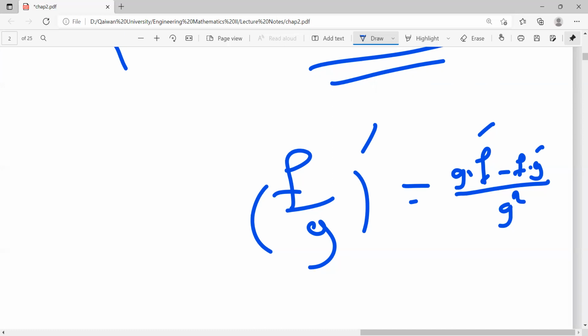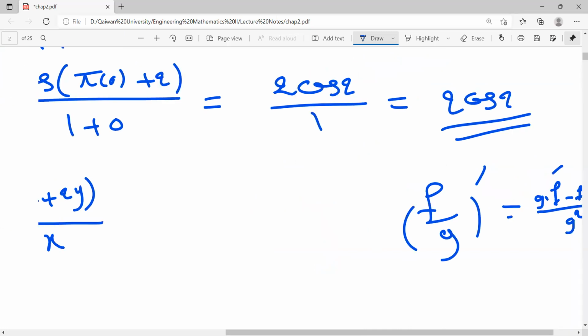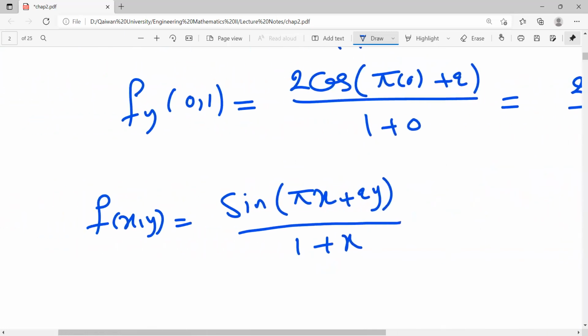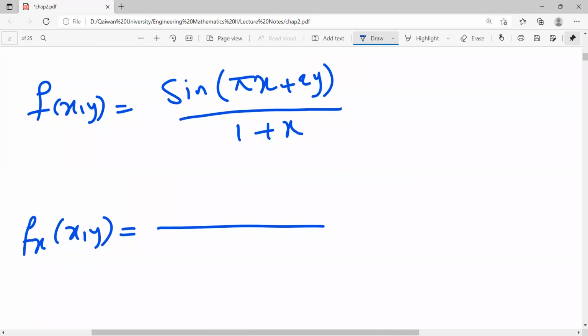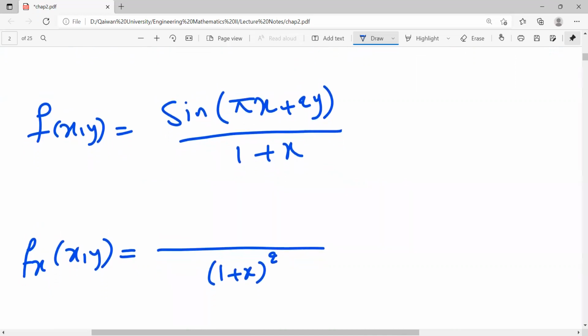Okay, so let's apply this rule to the given function. We say f sub x of x, y equals, you see, we first write down the denominator squared, which is (1 plus x) squared. Then denominator times derivative of the numerator.